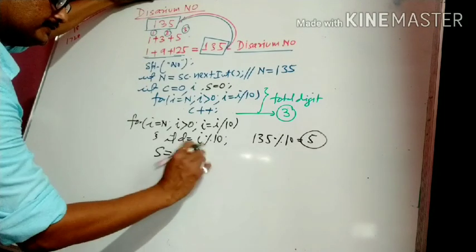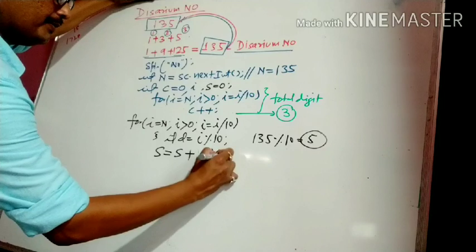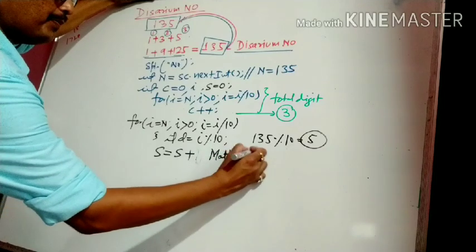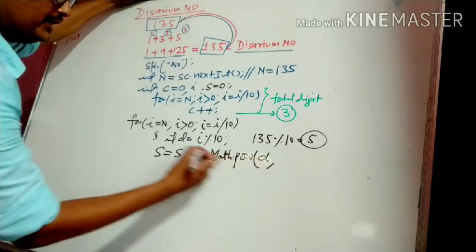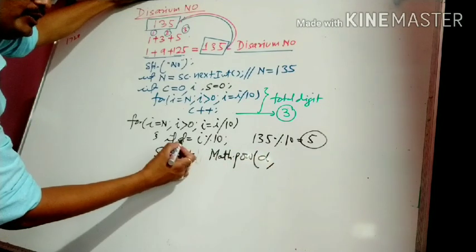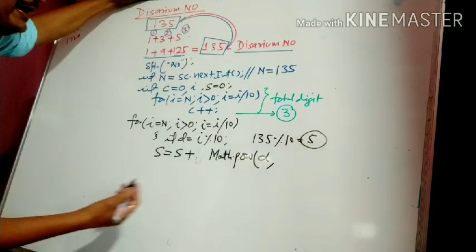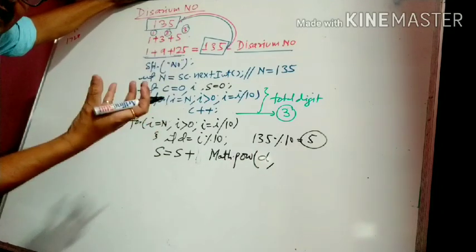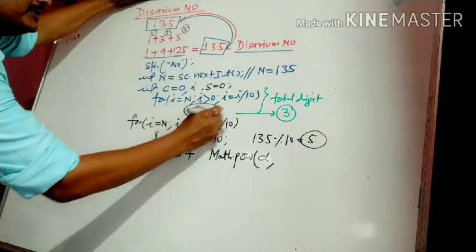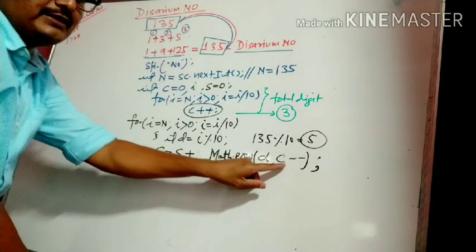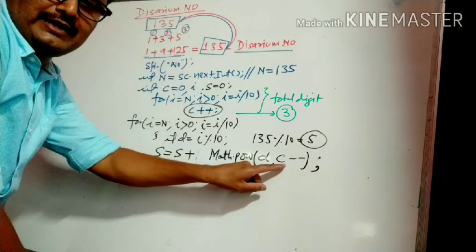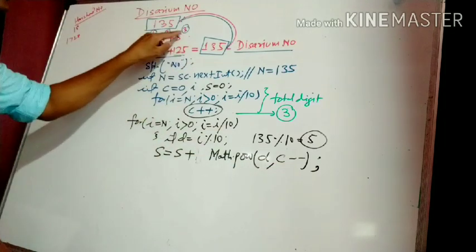So here write Math.pow of d, and what is the value of d? The value of d will be 5. And power 3, where is 3 stored? In the total number of digits. So you write c minus minus. So the first time it will take 3, next time it will be 2, and next time it will be 1, because the power is decreasing.